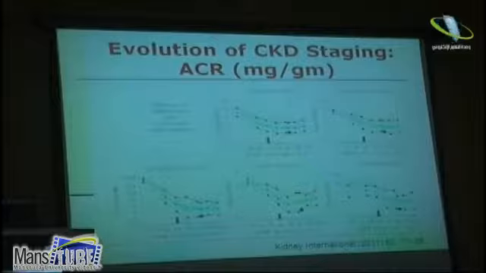I think this slide summarizes the meta-analysis of relative risk factors. I want to focus on some issues in this slide. The first point that I want to focus on is the red arrow. You see the red arrow here? The red arrow refers to an estimated GFR of 60 ml per minute. So if the estimated GFR decreases below 60 ml per minute, all-cause mortality, cardiovascular mortality, development of end-stage kidney disease, development of acute kidney injury, or progression of chronic kidney disease, all these increase with decrease in GFR below 60.